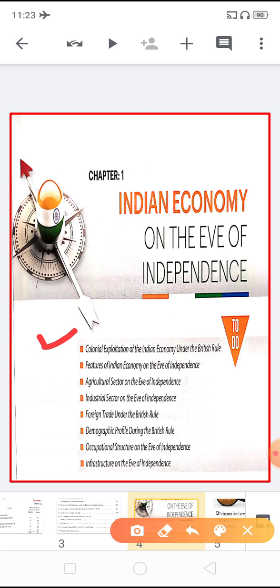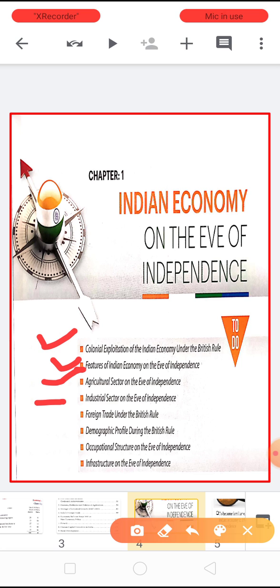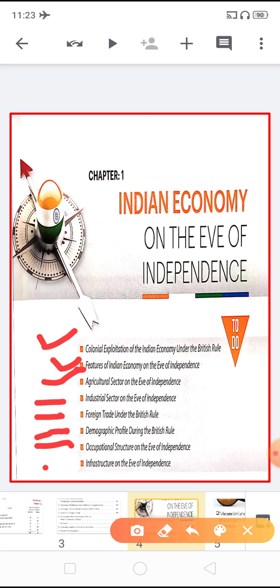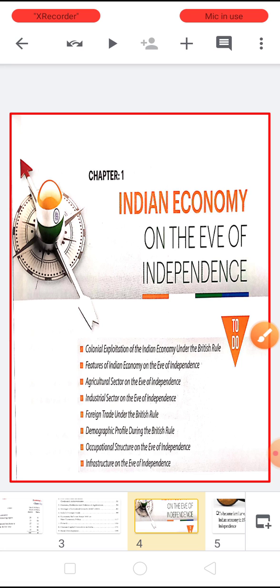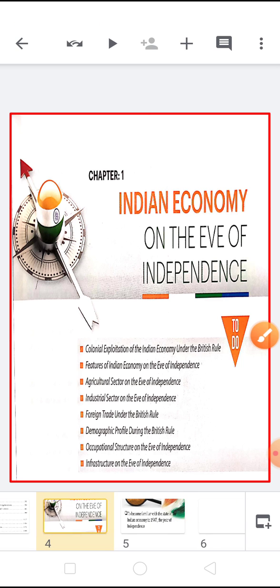Thereafter come the features of the Indian economy, the agriculture sector on the eve of independence, industrial sector, foreign trade, demographic profile, occupational structure, as well as the infrastructure on the eve of independence.